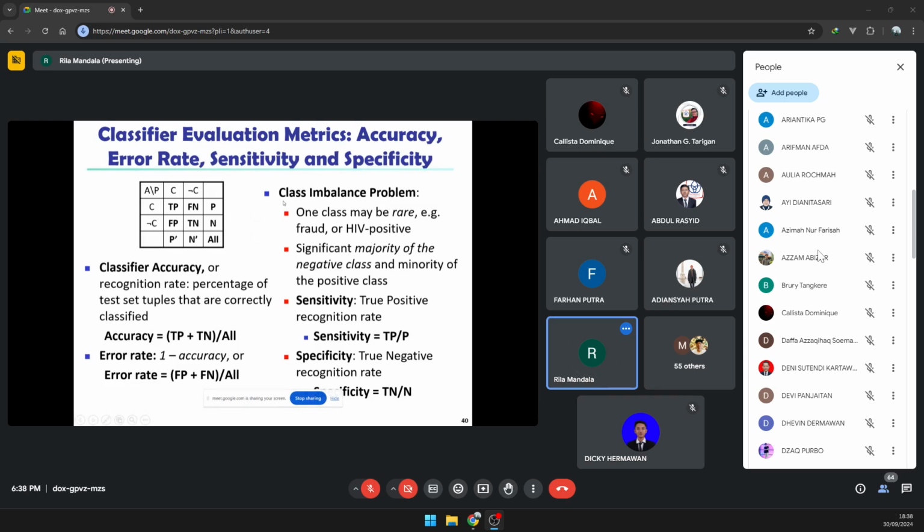Because if 90% of the data is classified as class A, and only 10% as class B, then even if you guess randomly, so we guess that all the data have class A, the accuracy will be 90%, which seems a good result, right? But actually, it is not a good result. It is only the random prediction.